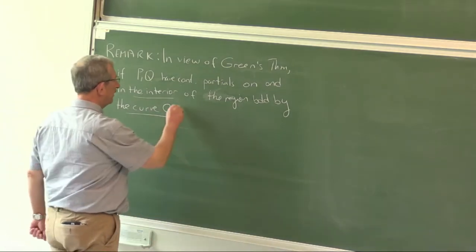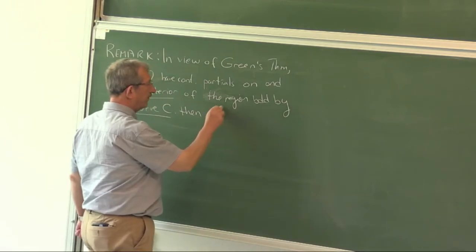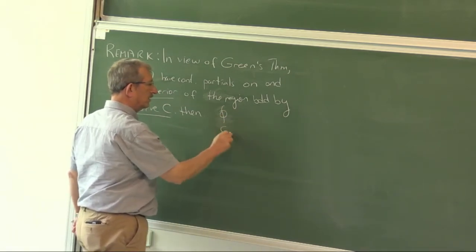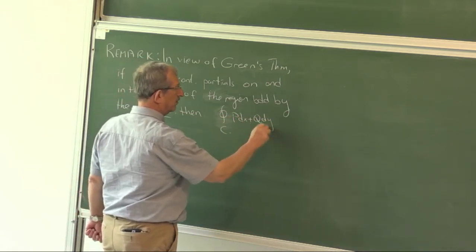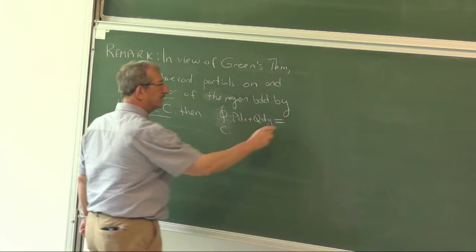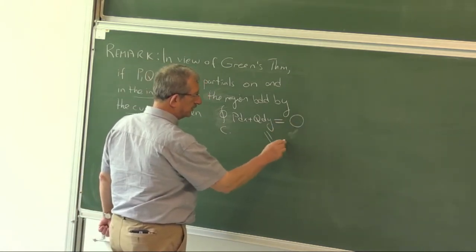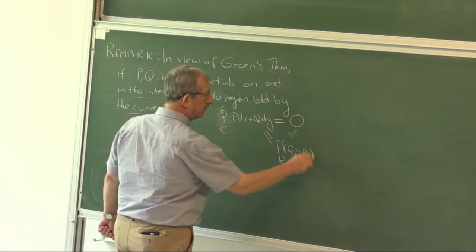So this is the extra part that Green's theorem emphasizes. Then, of course, we have the integral over closed C is 0. Namely, by Green's theorem, this was the double integral of Q sub x minus P sub y.